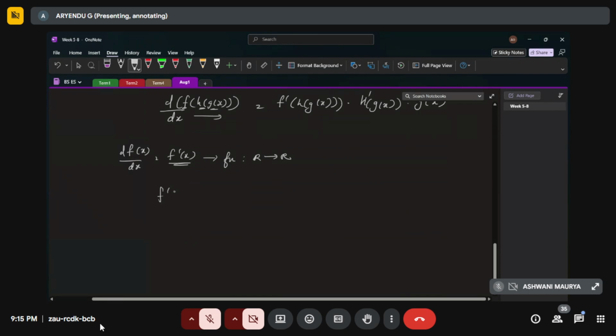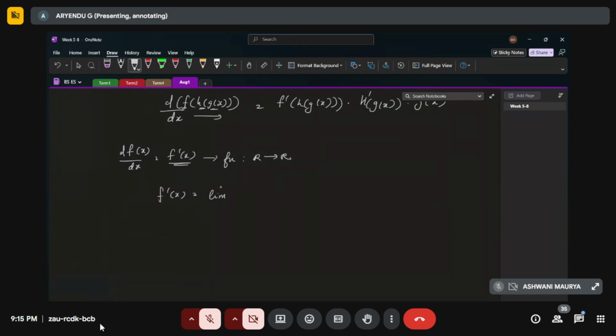If f dash of x has a limit as h tends to 0 of f of x plus h minus f of x by h, this is how we find the derivative of f of x. And if that exists for all x belonging to R, then we can say that the derivative of the function is also a function from R to R.